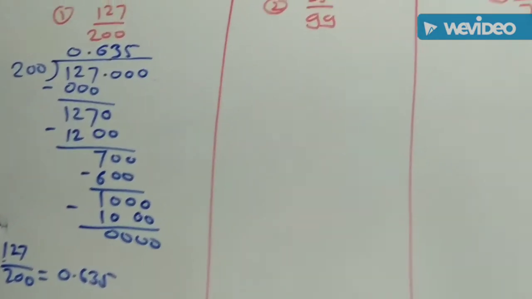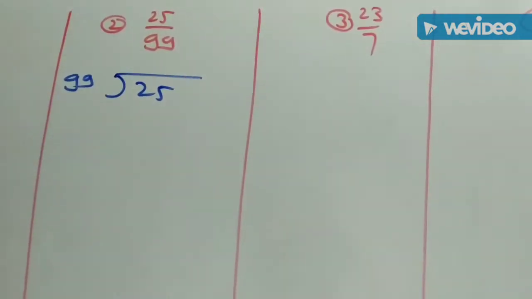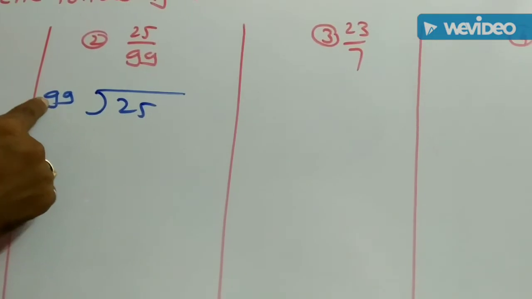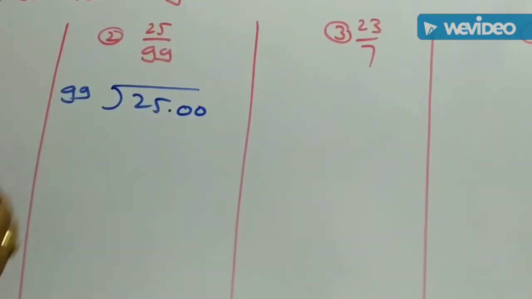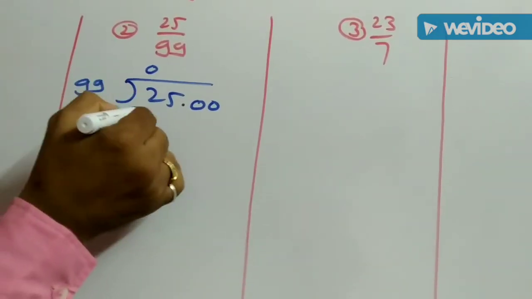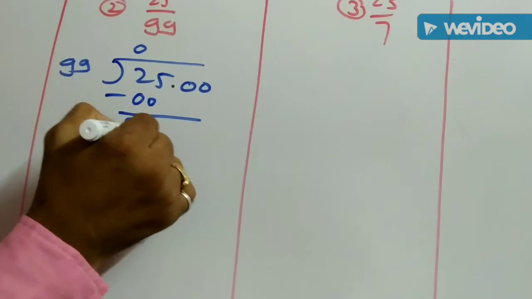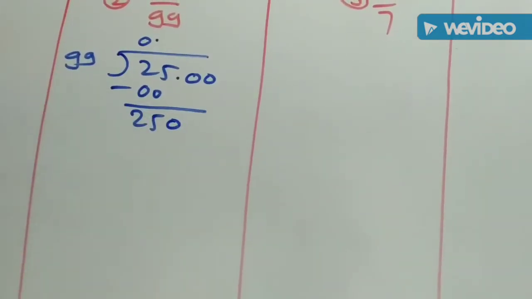Then next, 25 divided by 99. 25 is not divisible by 99. Here we take the decimal point and zeros. Therefore first we divide by 0. We get 25. Here the decimal point and taking 0.